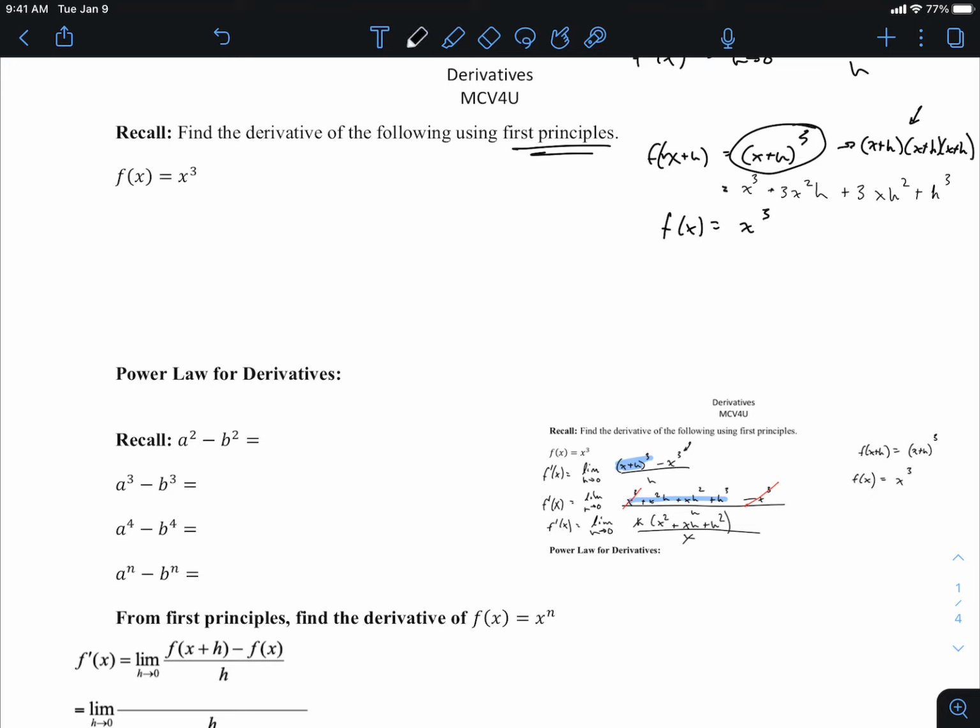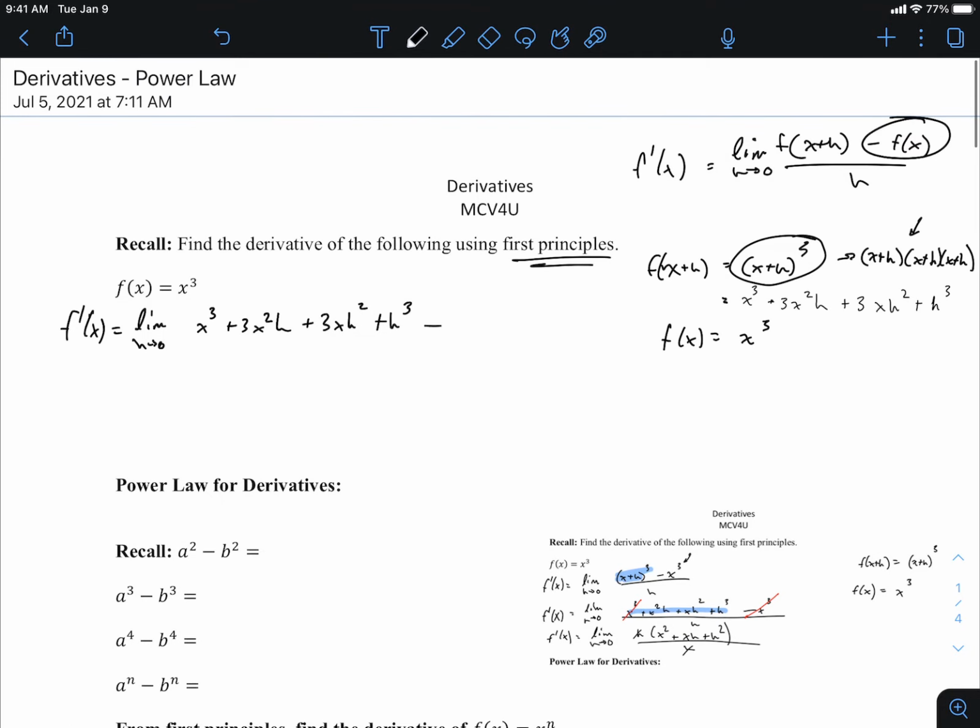And now we can take that and find f prime of x, right? We know that that's the limit as h approaches 0, and we're going to plug this in: x cubed plus 3x squared h plus 3xh squared plus h cubed minus, don't forget to subtract off the original function, x cubed, divided by h.